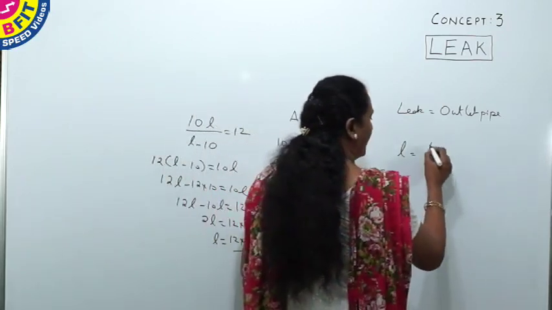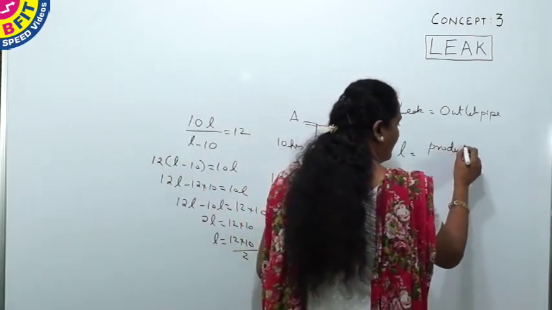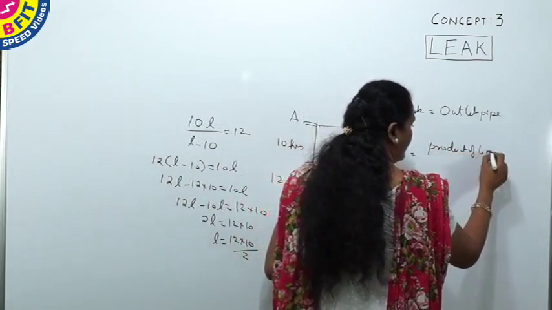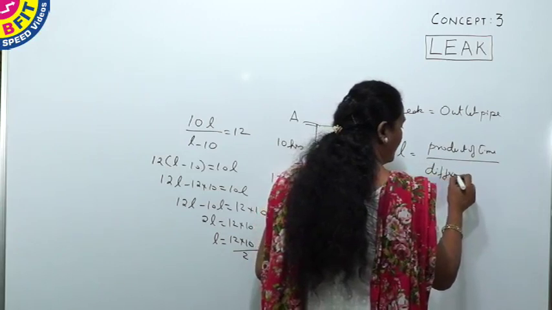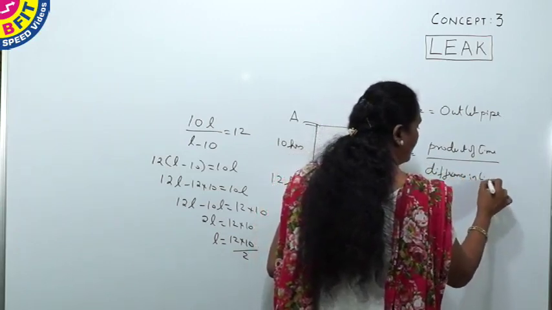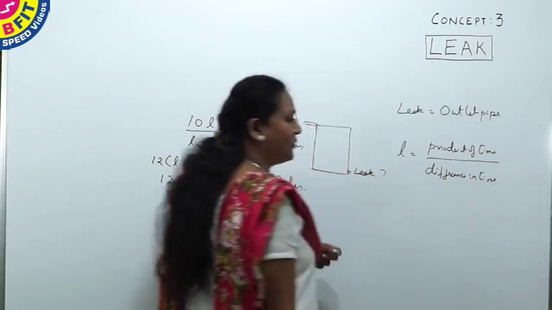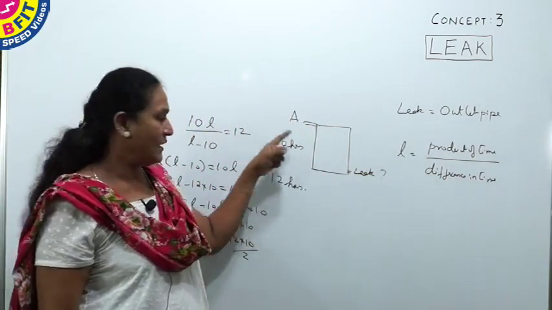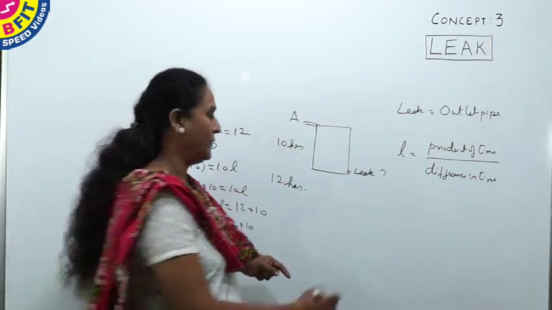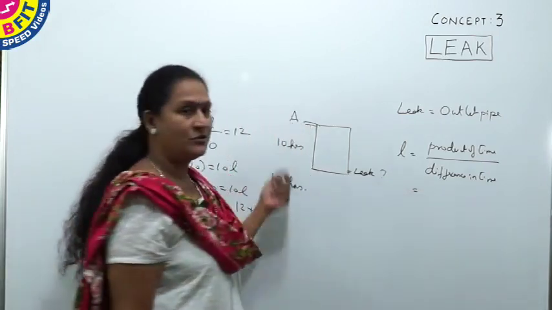So the product of time divided by the difference in time. Product of time in the sense the time taken by A to fill, the usual time, and the time taken now. Product of 10 and 12 and the difference in these two timings.